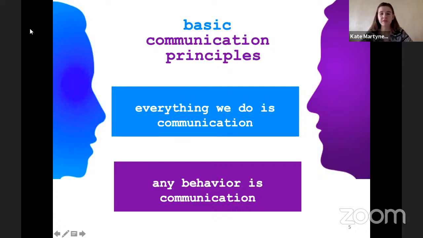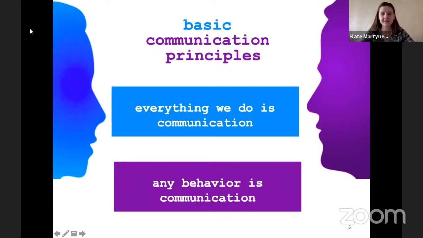Can actions be the way of communication? So write down what you think about this. And the second principle is any behavior is communication. Do you agree with this? What do you think? Write down your ideas about these two principles. Do you agree or disagree?